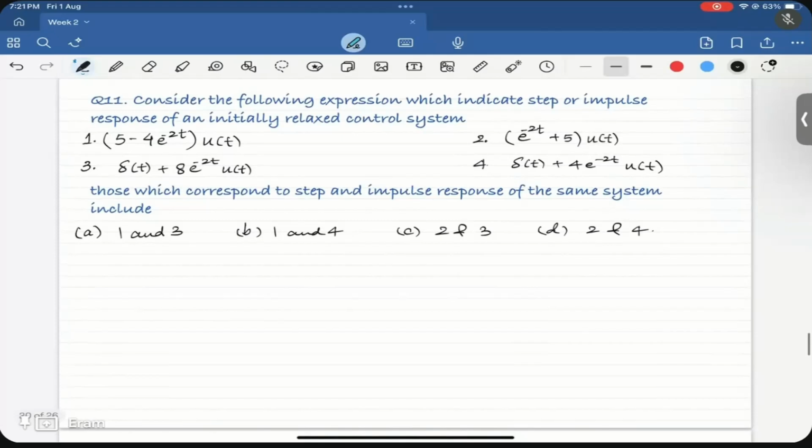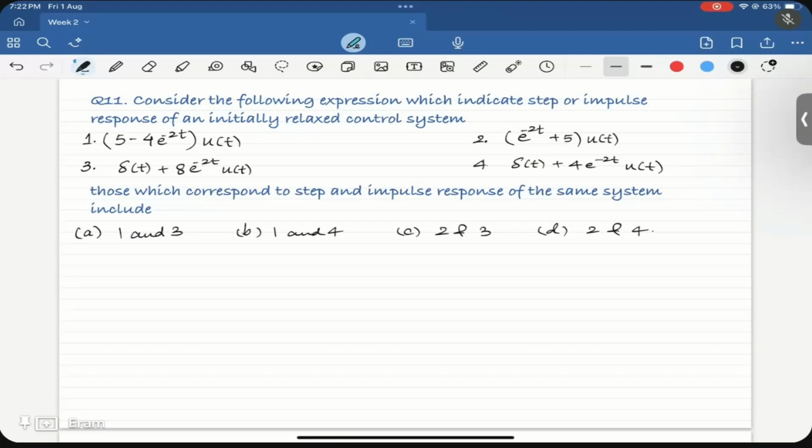Now there is another question. In this question we have 4 expressions which are the impulse and step response of some system, right? Among these you have to identify which ones are the step and impulse response of the same system.